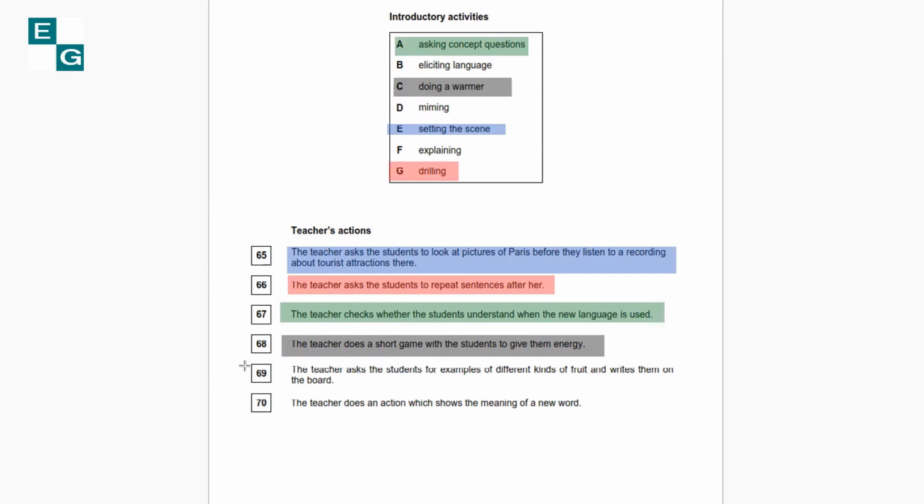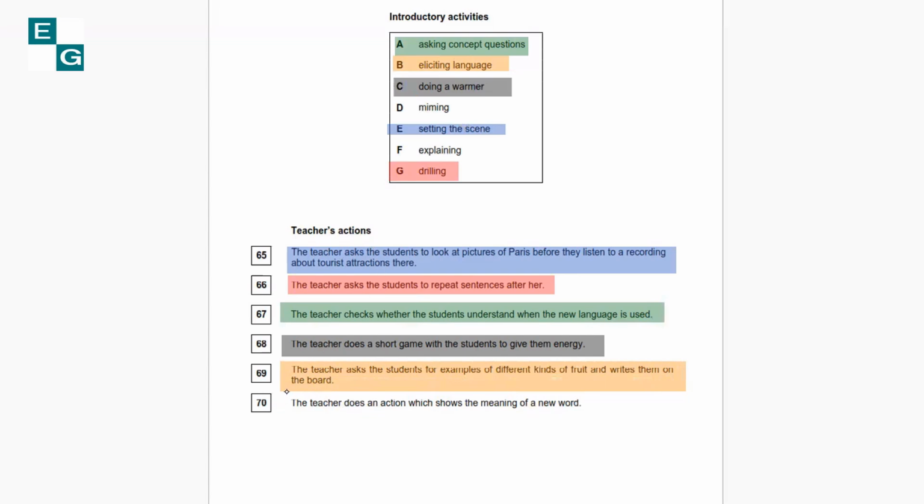And then it says the teacher asks the students for examples of different kinds of fruits and writes them on the board. If you consider they should know it, you will be eliciting language, because maybe they studied this with you or somebody else in the past. So they are supposed to know the meaning of all these words, of vocabulary expressions that you want to ask them.